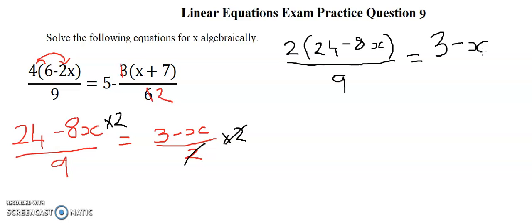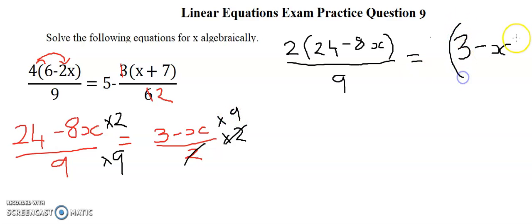Now, to get rid of divided by 9, if I times both sides by 9, it will cancel it out on the bottom. So I could have done that at the same time. Times both sides by 9. And that would put times 9 on my right hand side, and it will cancel out the divided by 9.